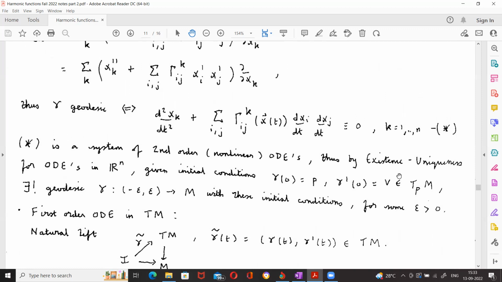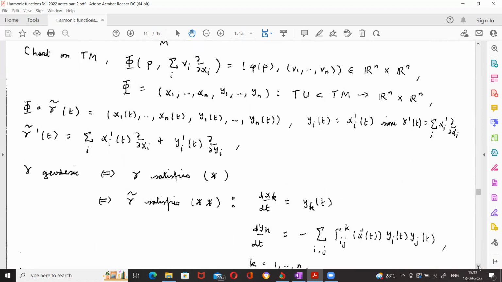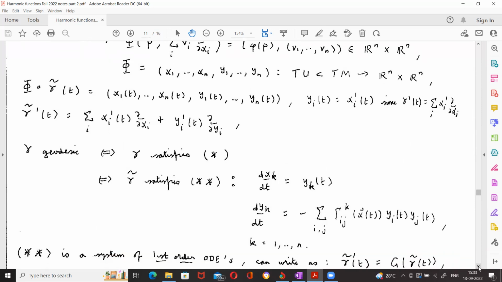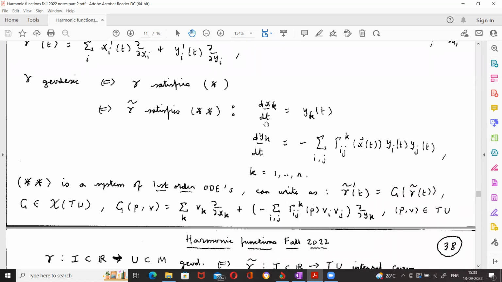So this is just what you did in school. You introduce new variables yi equal to dxi/dt. We're doing that here. So now what do we get?